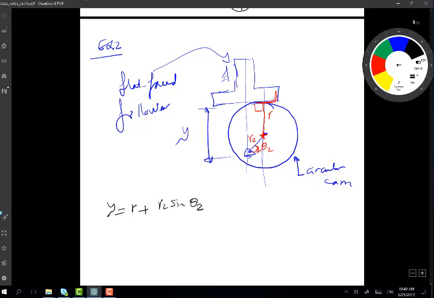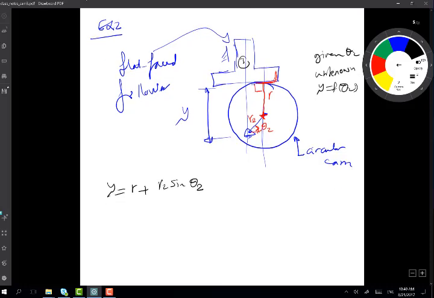So my known, like given, would be theta 2. My unknown is, as I said before, always look for the position of every link, and my link here of note is the cam, which is link number 3. So that is a function of theta 2. And we got the function, it's simple. So I want the cam velocity.